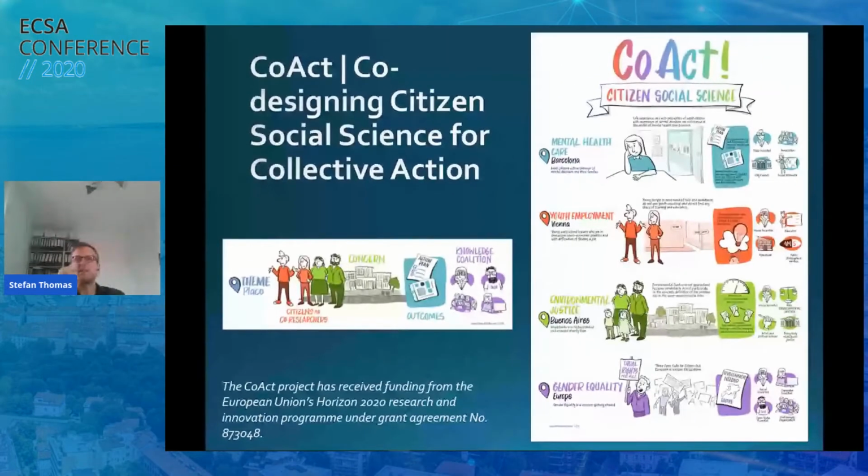The approach is to build up knowledge coalitions around research topics. First we have the University of Barcelona, who works together with different citizen groups on mental health care. Then we have a citizen social science group on youth employment that works in Vietnam.